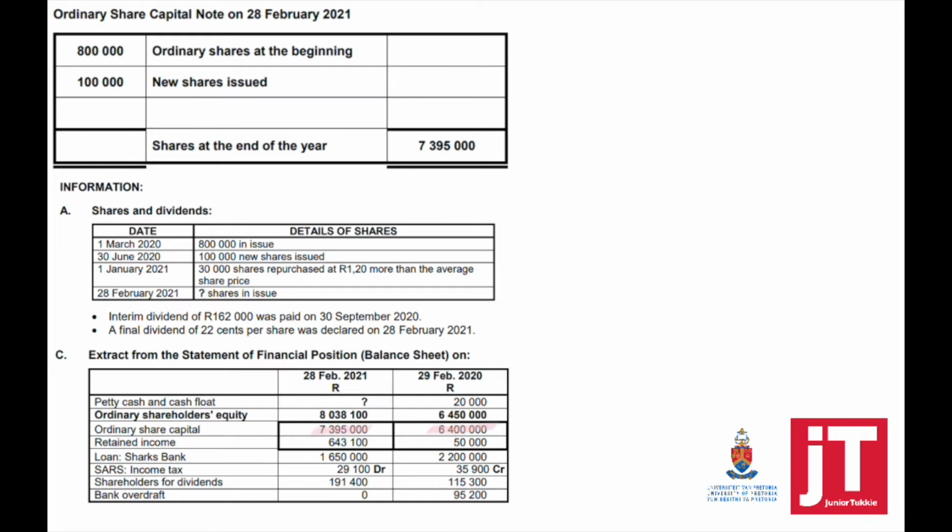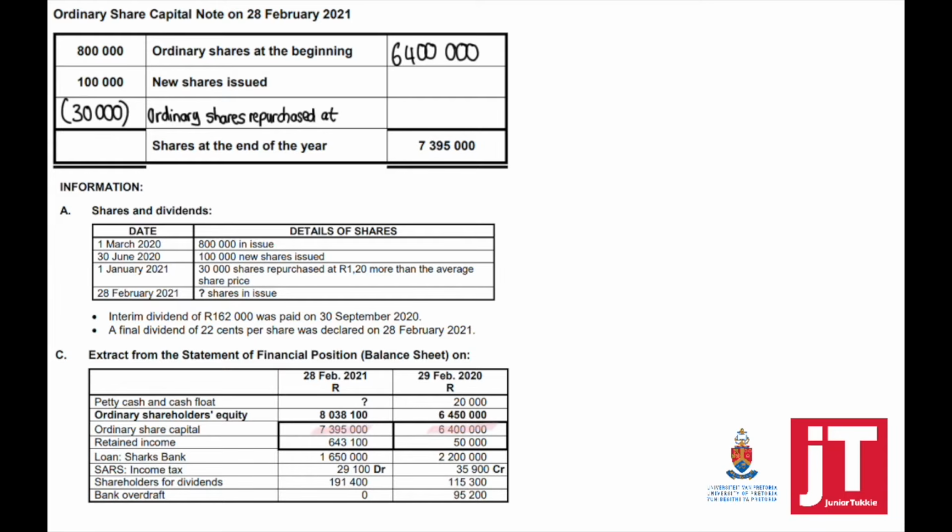If you look at the ordinary share capital, they provided you with the figures at the end of last year and the end of this year. So we're going to start by filling in the information which was given. The balances at the beginning were given. They've already provided you with the end balance. 30,000 shares were repurchased.